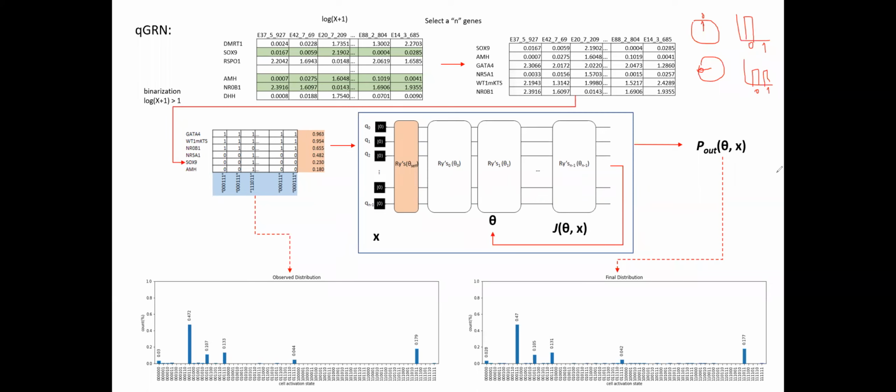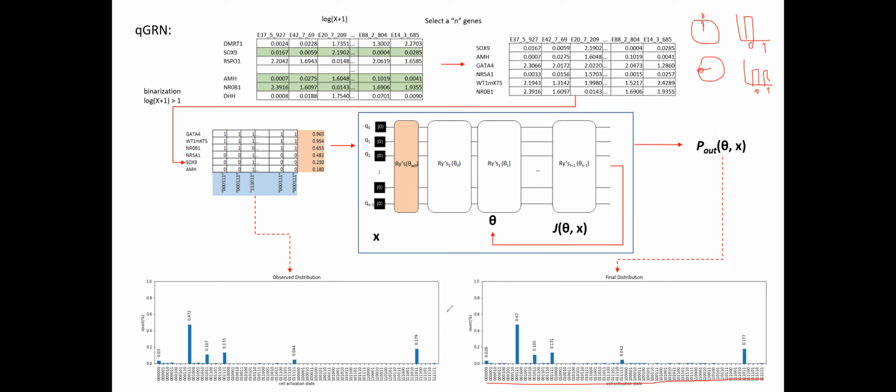So if you start combining several qubits, you will have a larger space vector, which is all combinations possible for those states. So right now I'm using 6 genes, so I have 64 possible outputs, and the output of the qubit is the probability distribution itself, and we are comparing that to the observed distribution, which is computed from the data set.